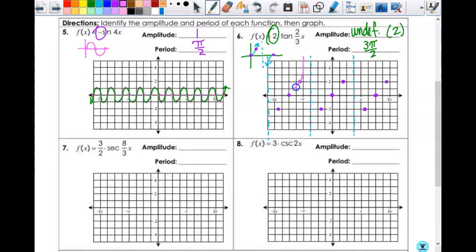And then I can draw that in. And there's an asymptote there.